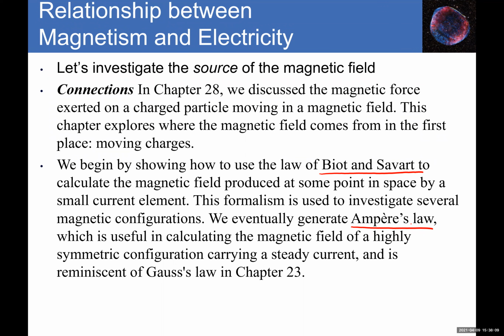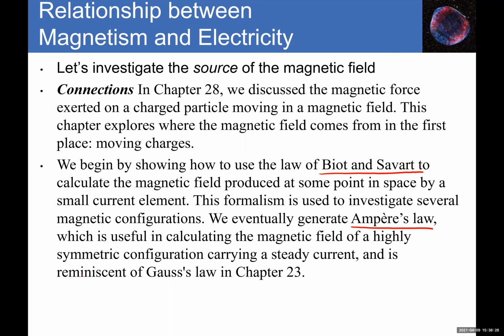So kind of similar to Coulomb's law versus Gauss's law, here we have Biot-Savart law versus Ampere's law. Both allow us to get the magnetic field, but Ampere's law allows us to use the symmetry of the problem to get the magnetic field in a much simpler manner.